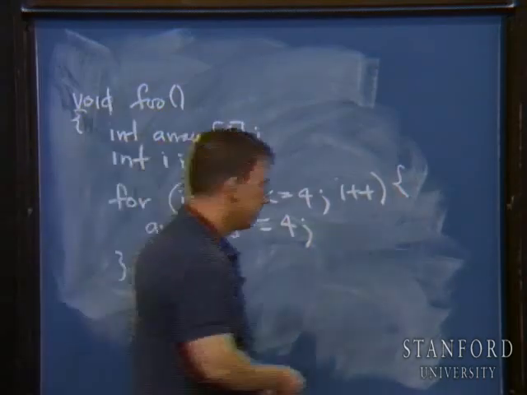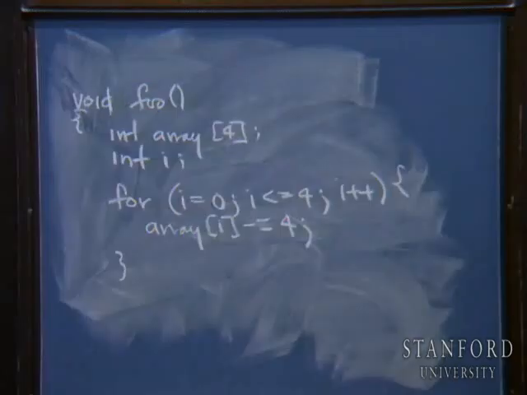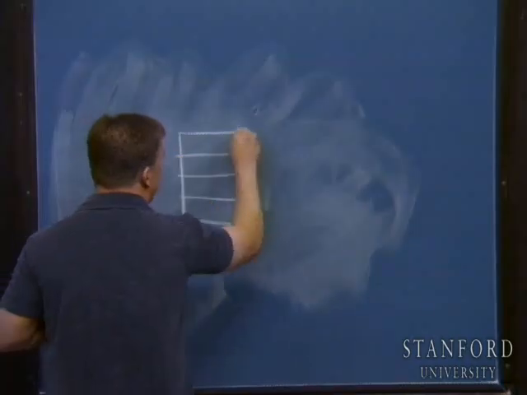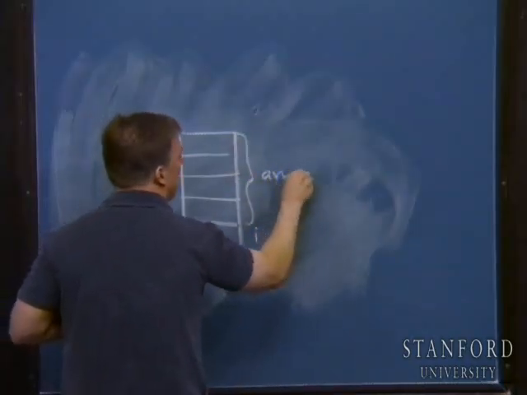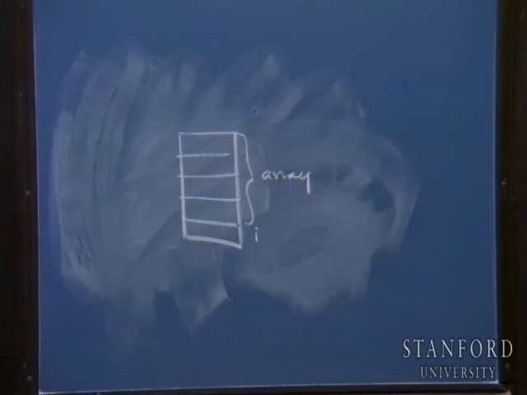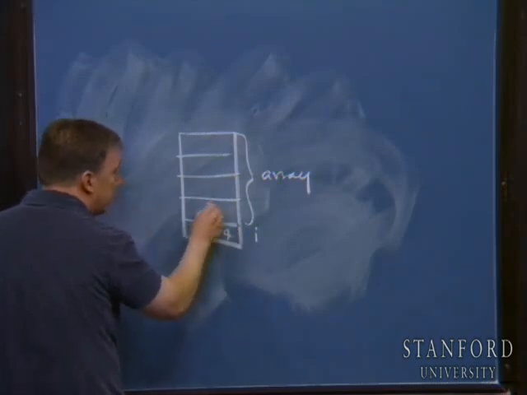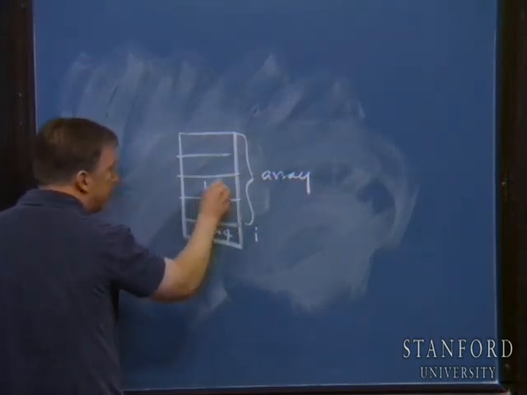Okay? So I'm back with all integers. There's my I variable. Here are the 4 integers that are part of a larger array. Okay? And so it does this, and all it does here, this goes from 0 up through 4. It just demotes this by 4, whatever happens to be in there.